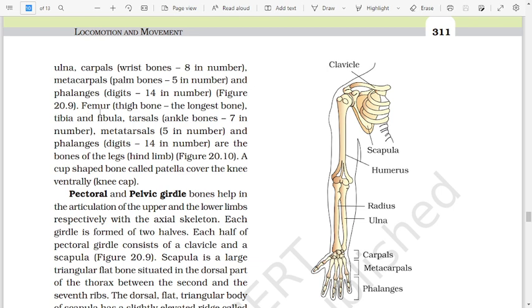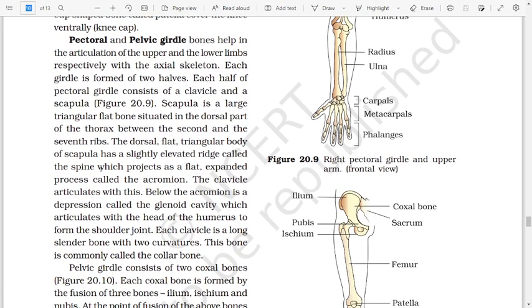Figure 20.9. Femur, thigh bone, the longest bone, tibia and fibula, tarsals, ankle bones, 7 in number, metatarsals 5 in number, and phalanges, digits, 14 in number, are the bones of the legs. Hind limb, figure 20.10. A cup-shaped bone called patella covers the knee ventrally, kneecap.